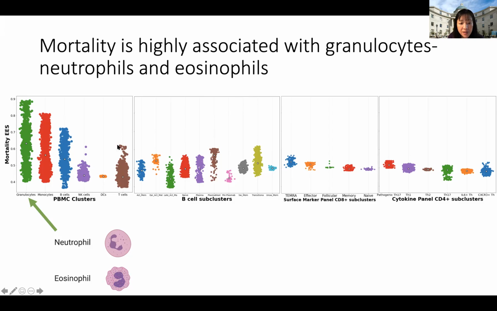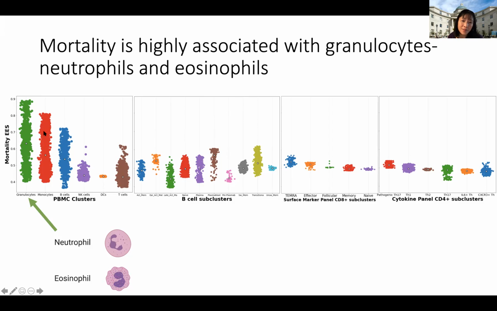And of course, B cell subsets also have similar types of variation. But what was striking to me is that this analysis really came out with the granulocytes being the number one associated mortality factor of all the different leukocytes, followed by the inflammatory monocytes.